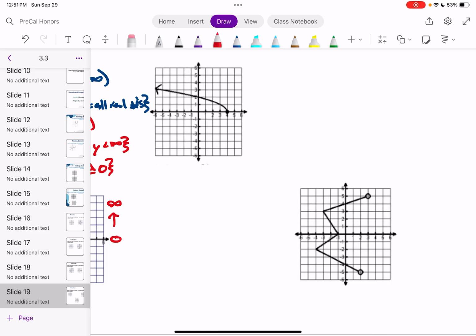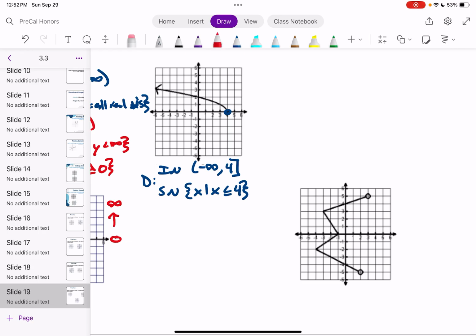For example, number 3, the domain in interval notation would go from negative infinity up to 4, and we would put a bracket around it since there is a solid dot on the 4. Set notation would be x such that x is less than or equal to 4.